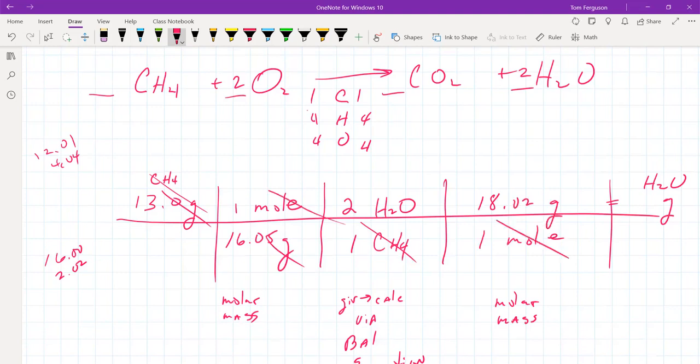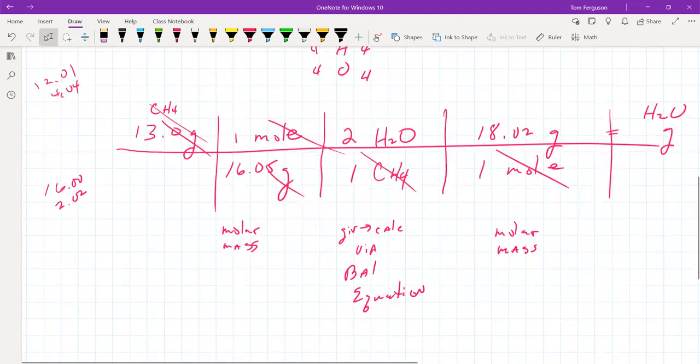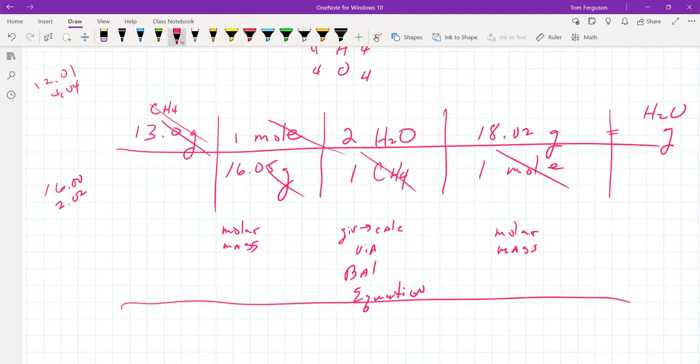So everything cancels except for grams of water. What are we trying to calculate? Grams of water. So now we have 90% credit of that problem. 10% is over here. So we need to get a numeric answer.